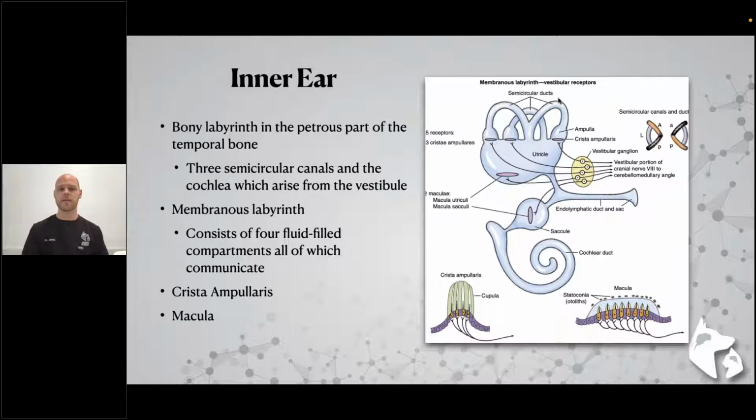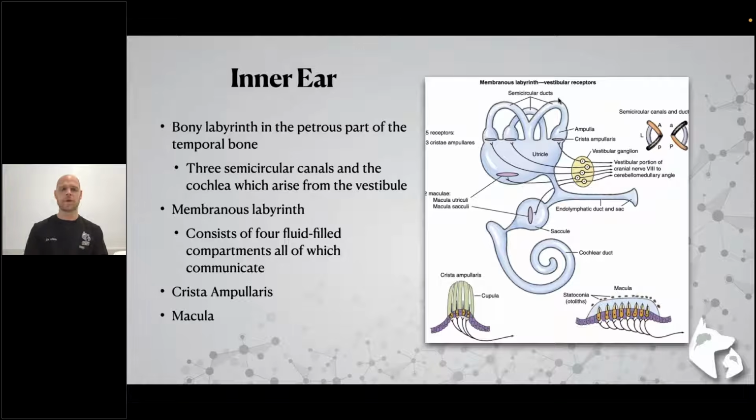Contained within the membranous labyrinth, you have 2 specialized receptors, and this is where essentially your vestibular system is starting. So you have the crista ampullaris and you have the macula. And the ampulla is a dilation within the semicircular canals at the base of each one. So there's 3 semicircular canals, 3 semicircular ducts with 1 ampulla in each, and then there's a crista in each of these.